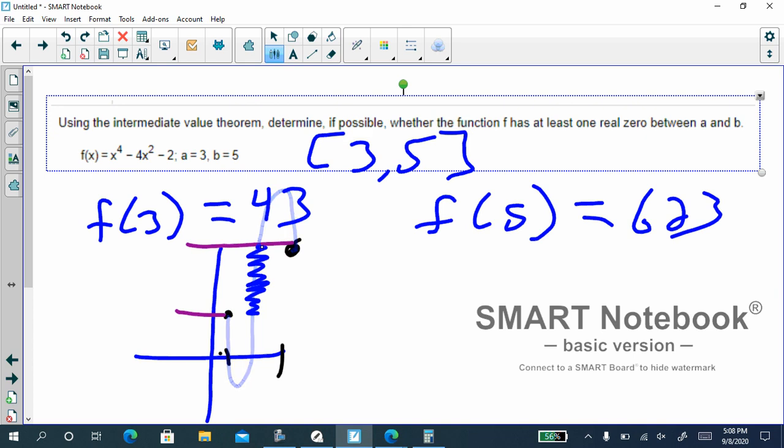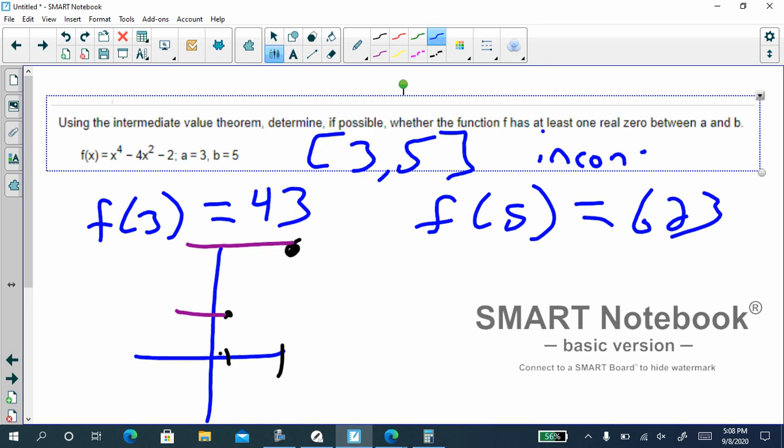We just know at minimum we have to touch these. So we could touch the x-axis, but we might not. So in other words, just using the intermediate value theorem, this is inconclusive. We don't really know if there's a zero or not.